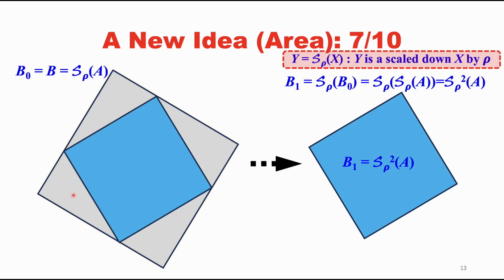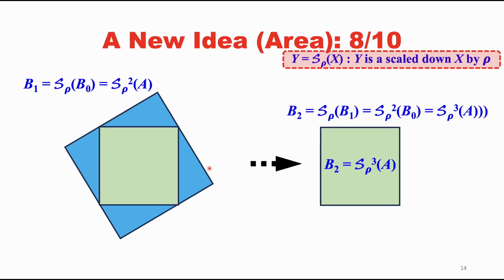And then we take a look at this one, that B0. We find the similar shape here, similar to the outer one. So this one is scaled down from A by rho twice. We have B1.